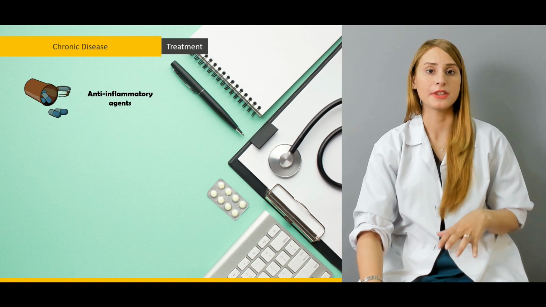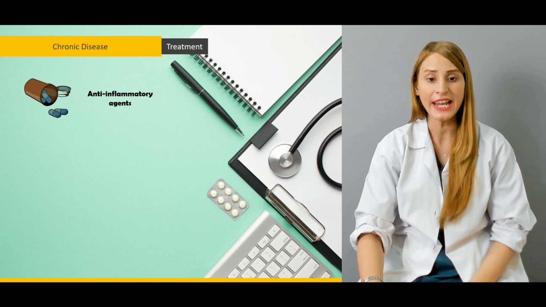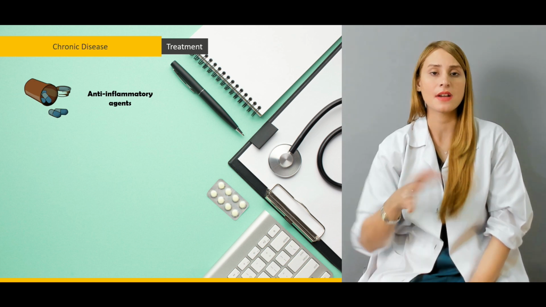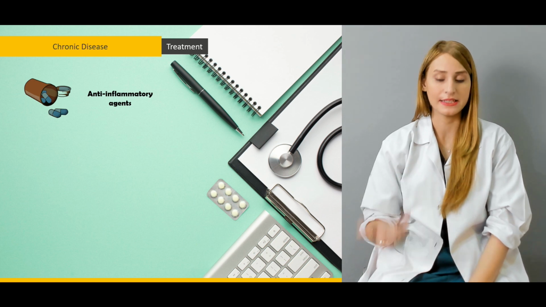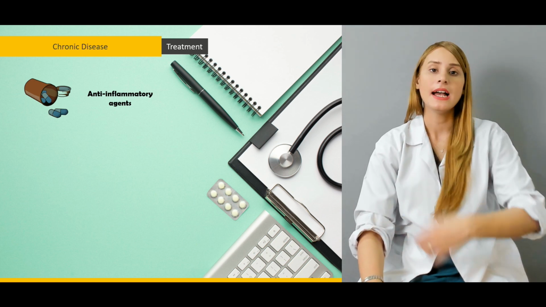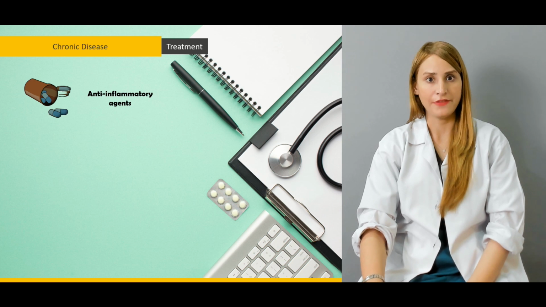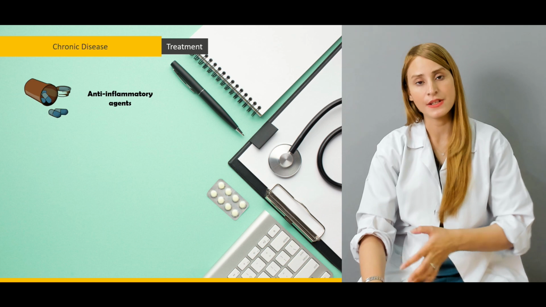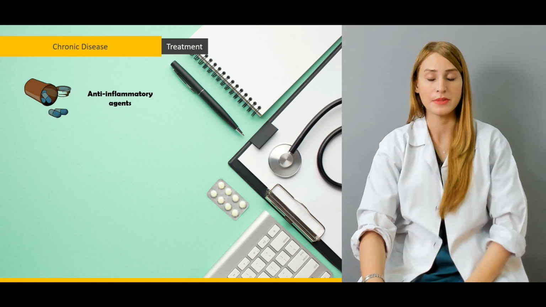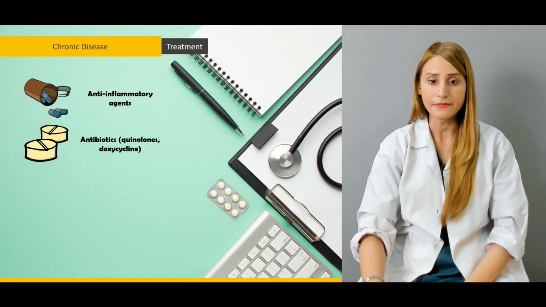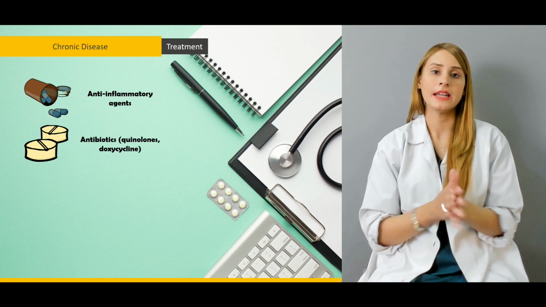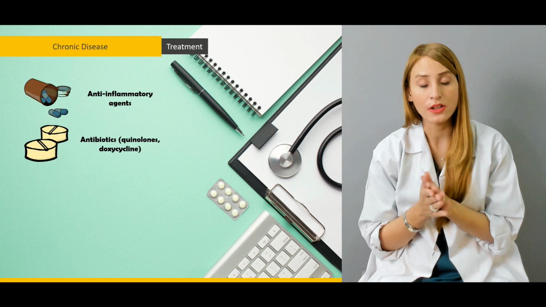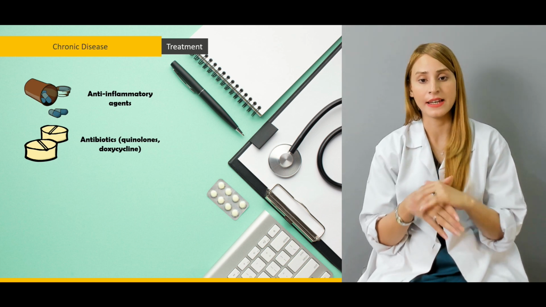So you have to combine not only the antibiotics, but also an anti-inflammatory effect like the NSAIDs, because they have a good anti-inflammatory effect. So you prolong your treatment to 4 to 6 weeks instead of 2 weeks for the acute inflammatory process.